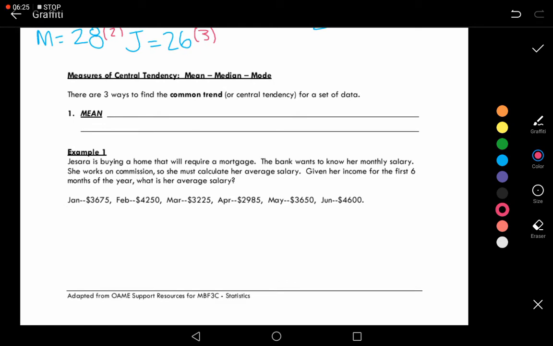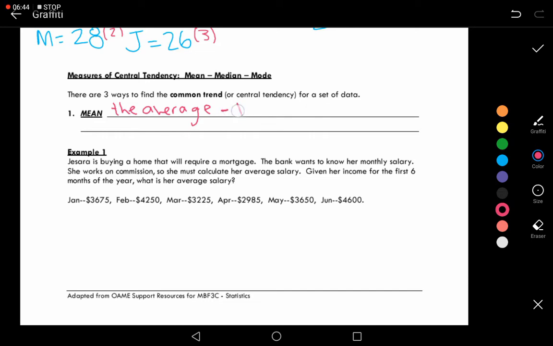So we're going to actually define those now. Like I said, there are 3 ways to find the common trend or common tendency for a set of data. So the mean is simply the average. That's the first thing we calculated above.